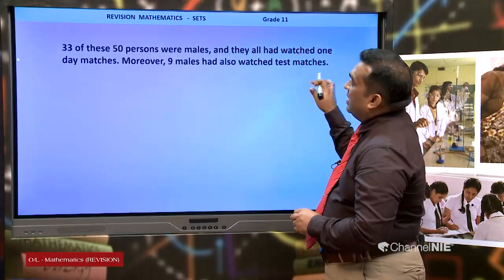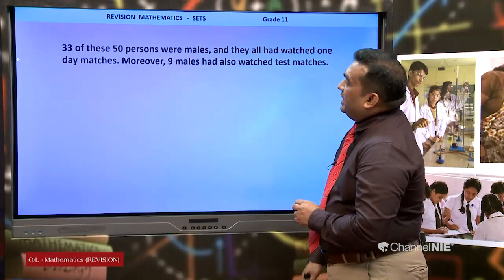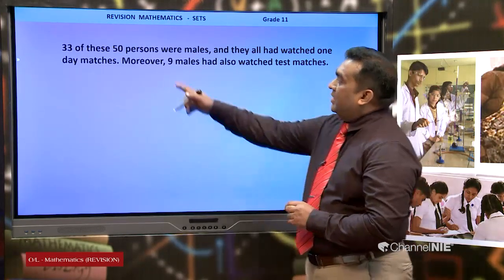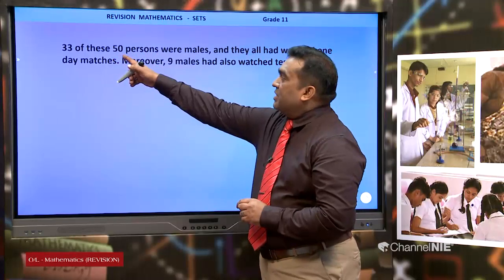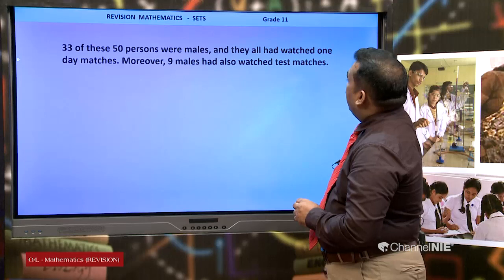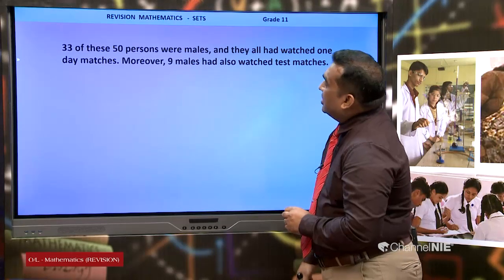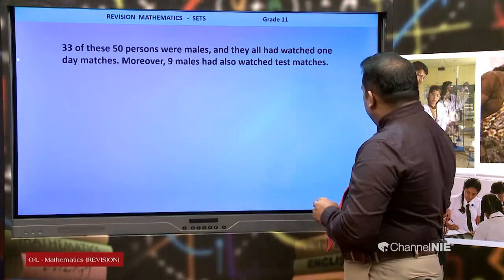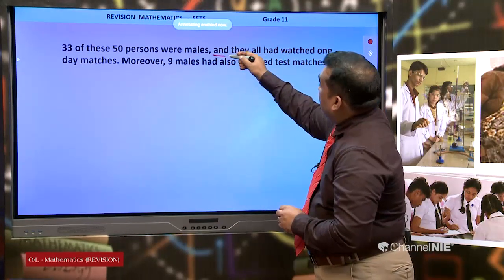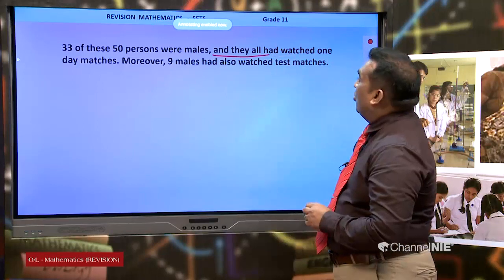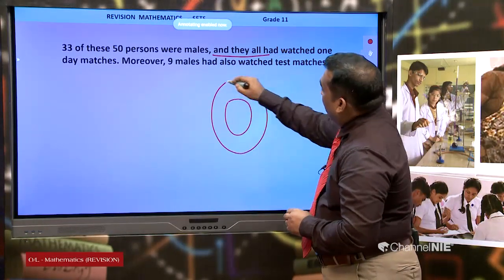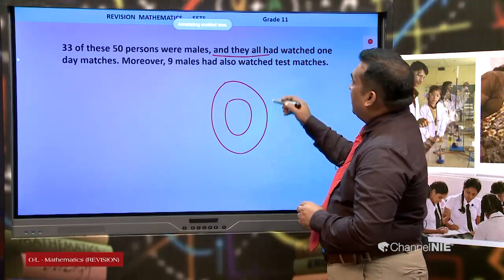Okay, next one. 33 of these 50 persons were males. 33 of these 50 persons were males and they had watched one-day matches. There is an important word, they, and they all watched one-day matches.